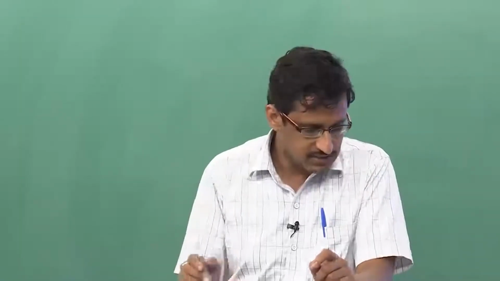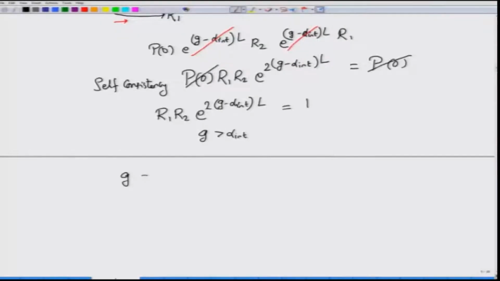So, you can rearrange this equation to write in a slightly different form. You can write g in terms of alpha int after taking out this exponential. So, first divide this by R1 R2 and then take the log. If you do that, you get e to the power 2 times g minus alpha int into L is equal to 1 by R1 R2, and then if I take the natural log on both sides, the log and exponential cancel with each other.